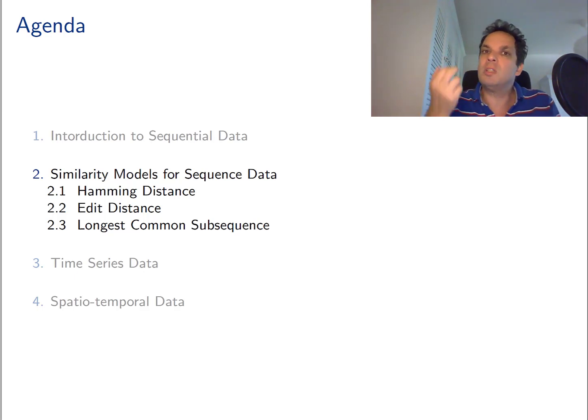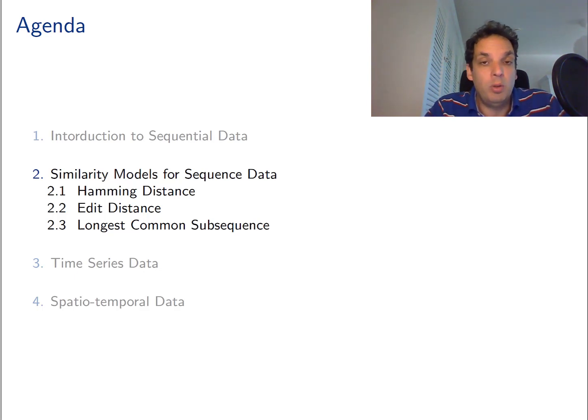But of course, you have to think about what kind of patterns you get when you apply those distance measures. If you apply different distance measures, like the Hamming distance, the edit distance, or the longest common subsequence, you get different patterns, and you have to think about whether that is exactly what you want.